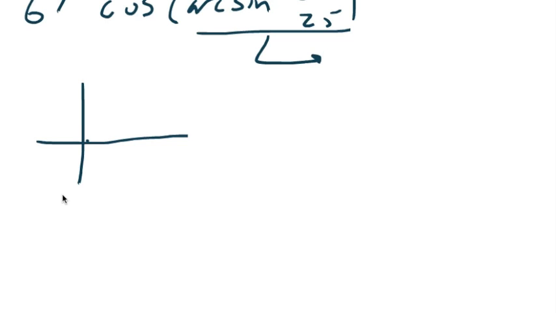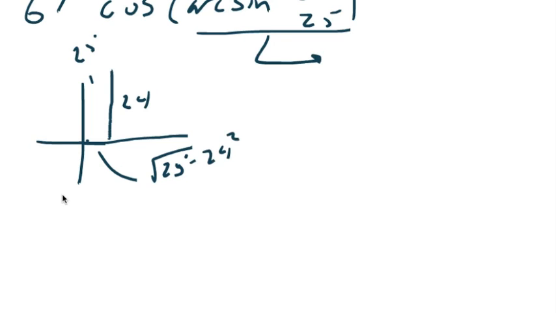The y value this time is 24, and the hypotenuse is 25. This x value down here is the square root of 25 squared minus 24 squared.